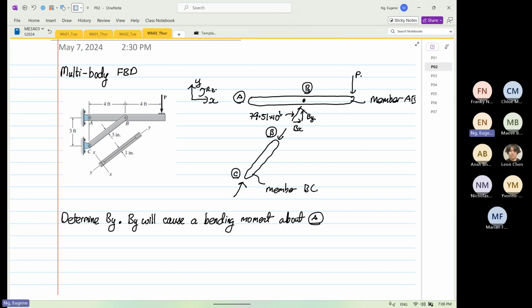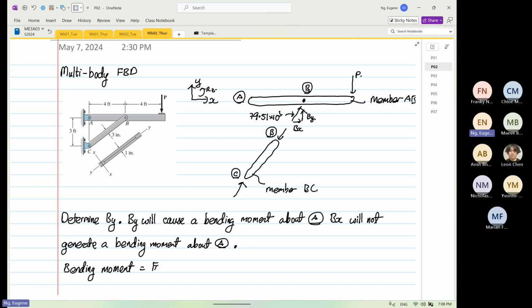Bx will not generate a bending moment about point A. This is because bending moment, in case some of you could remember, is equal to force multiplied by perpendicular distance.